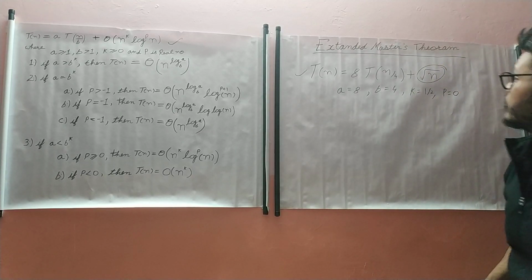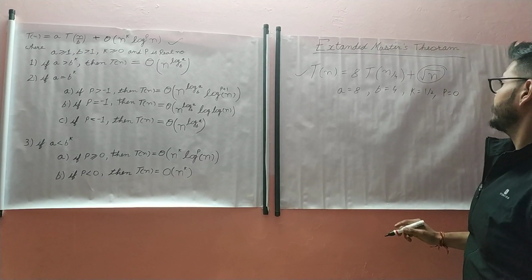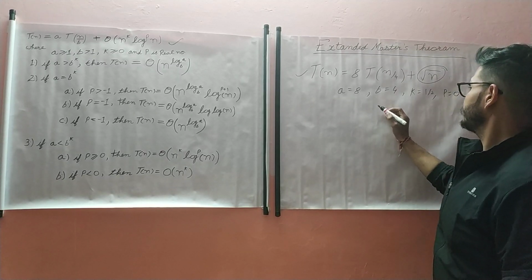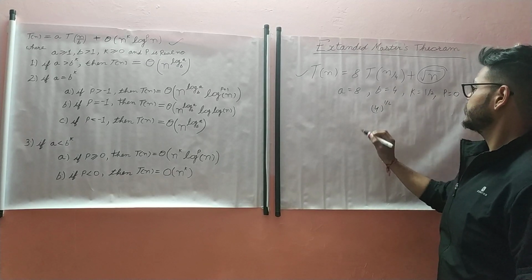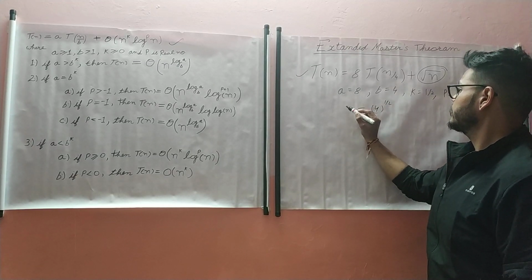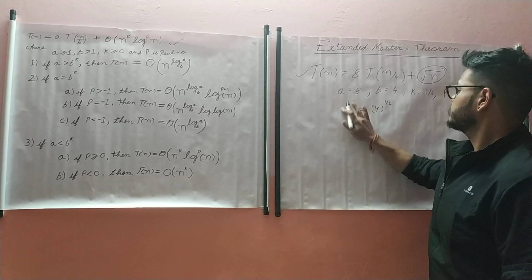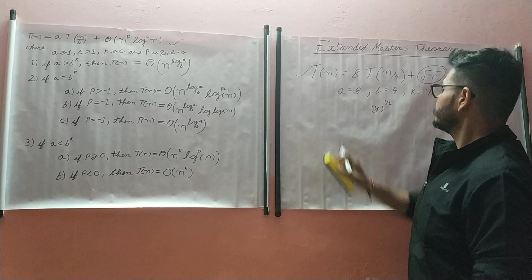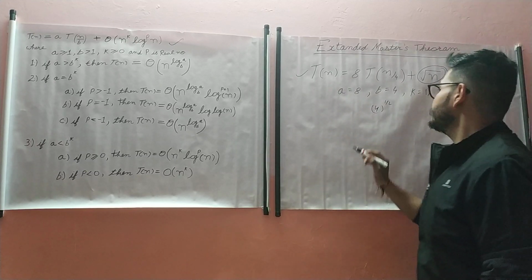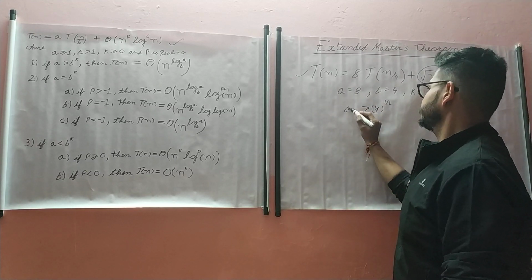So now we will compare a and b^k. 4^(1/2) is less than a.